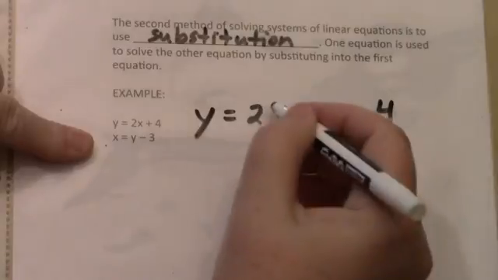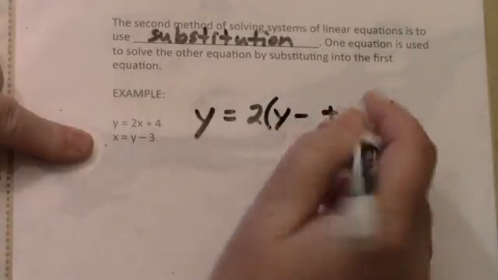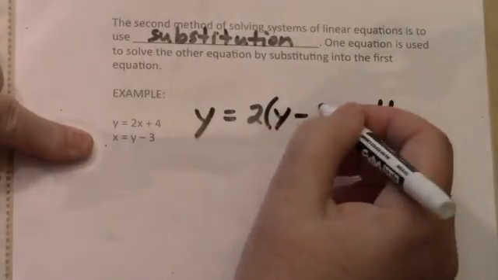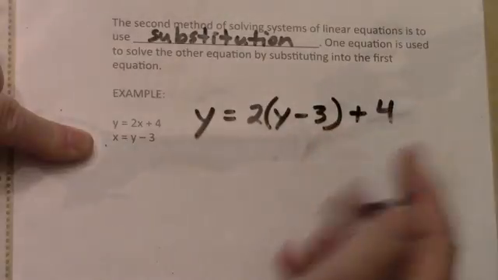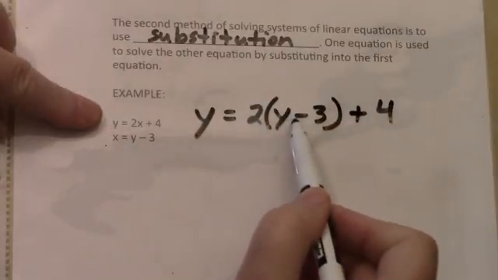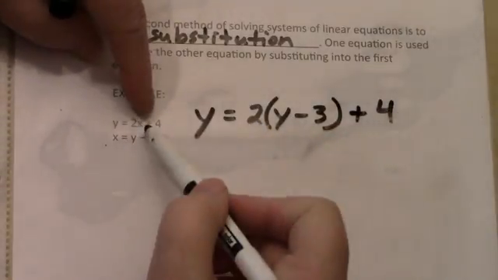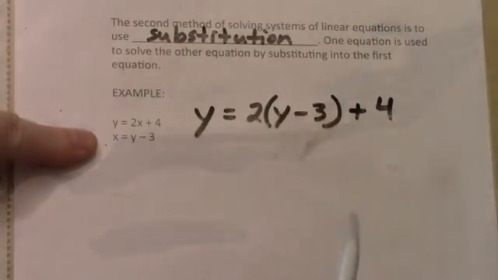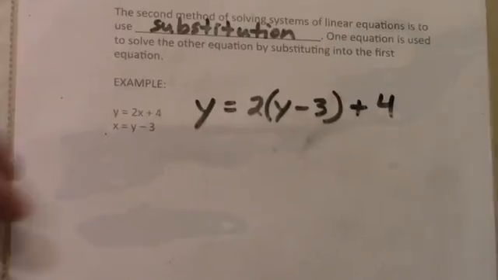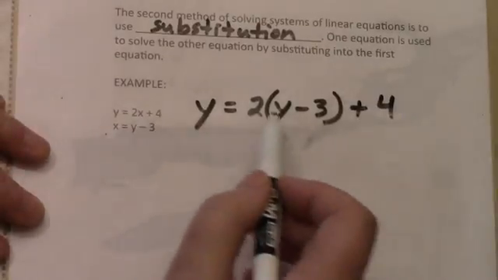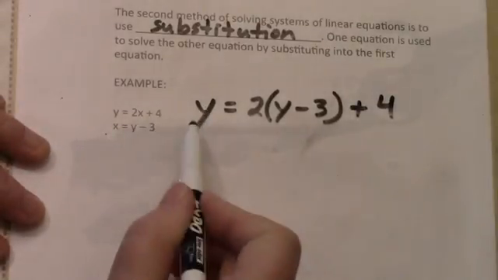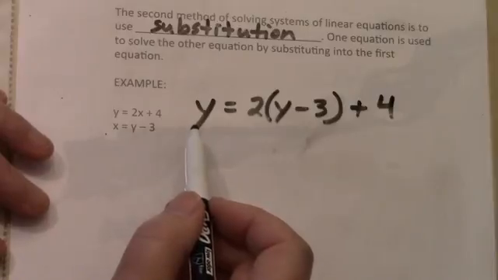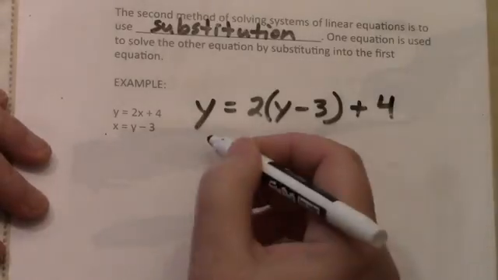What is x? Well, x is y minus 3. So now instead of 2x plus 4, I have 2 times y minus 3, and I substituted that in. Now, if you notice, there aren't any x's in this equation, and I can solve and figure out what y is.